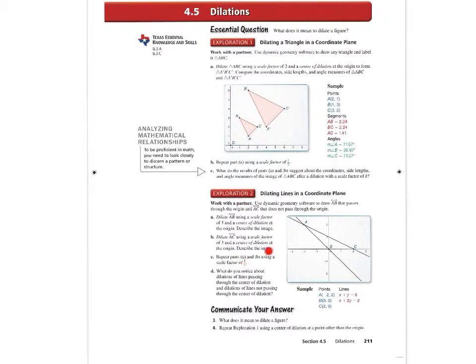Exploration 2 talks you through similar steps of dilating lines in a coordinate plane. If you follow all of these steps and figure out the equations of the lines, you explore in a different way, dilating lines in a coordinate plane.